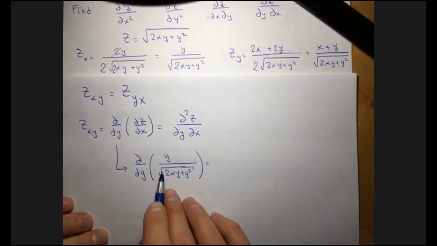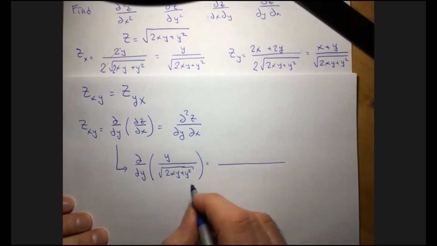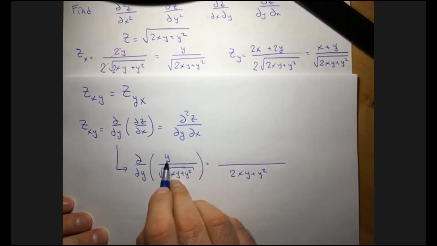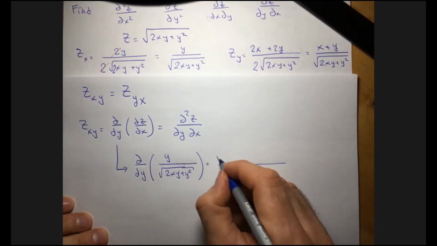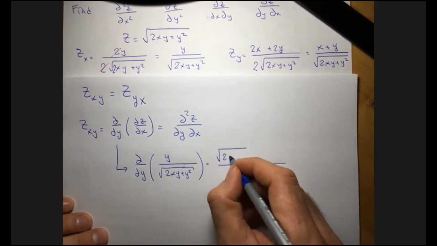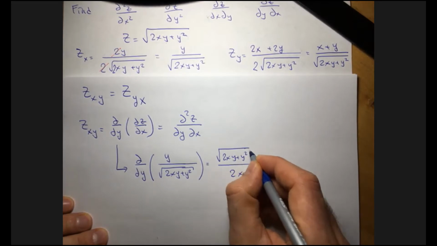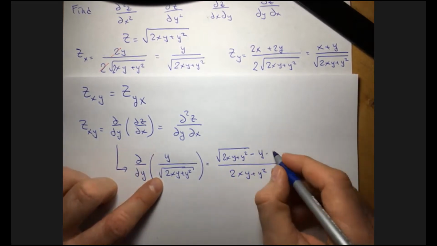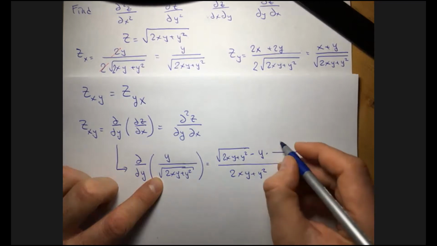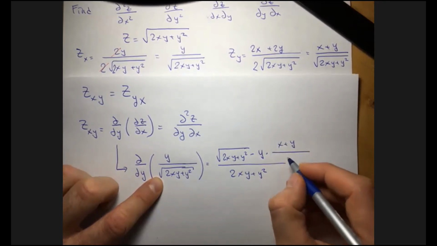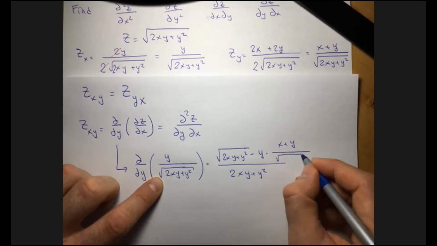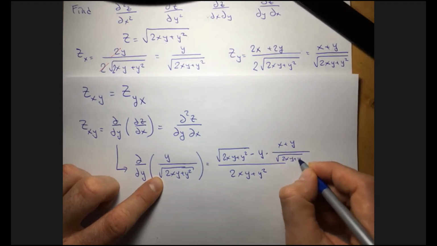And here I have to use quotient rule again, sorry about that. Square the denominator, 2xy plus y squared. Derivative of y with respect to y is just 1, so 1 times the denominator, 2xy plus y squared, minus numerator times derivative of the denominator with respect to y, and that's x plus y over square root of 2xy plus y squared.